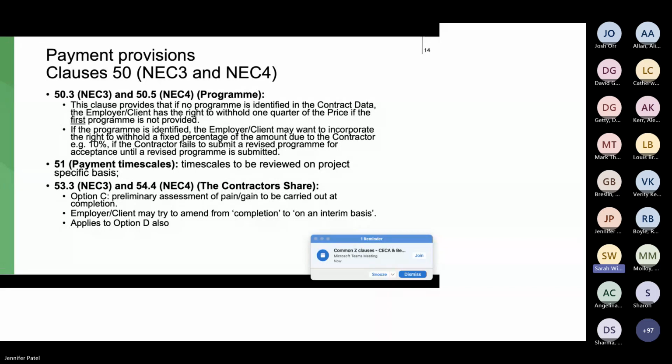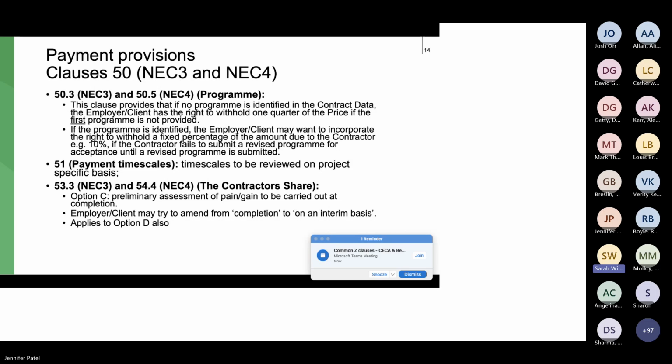If it's in pain, then depending on what the contract says as to how that pain element is to be split between the parties, the chances are the contractor might be paying money back to the client. And as you can imagine, sometimes in projects, it's very apparent that it's gone into a pain situation and is going to end up in a pain situation before completion.